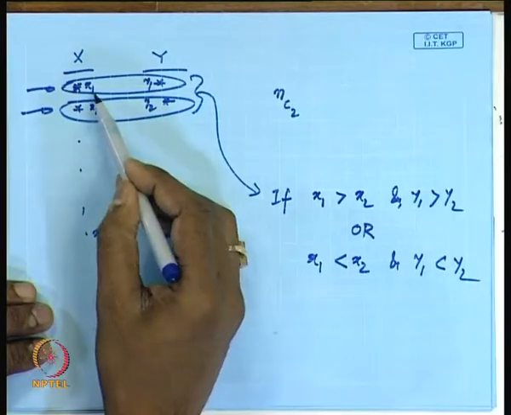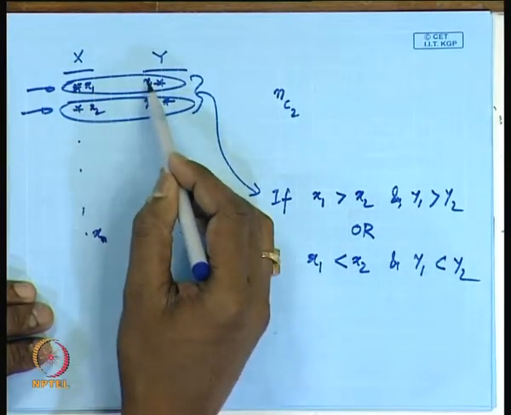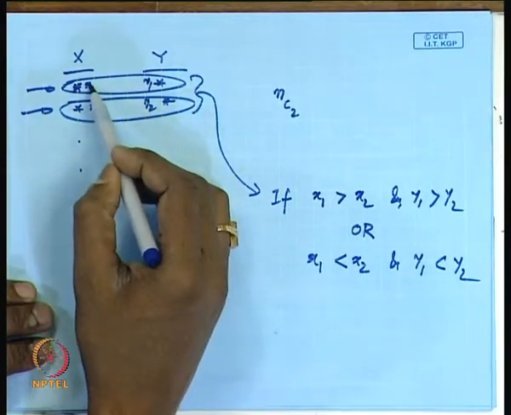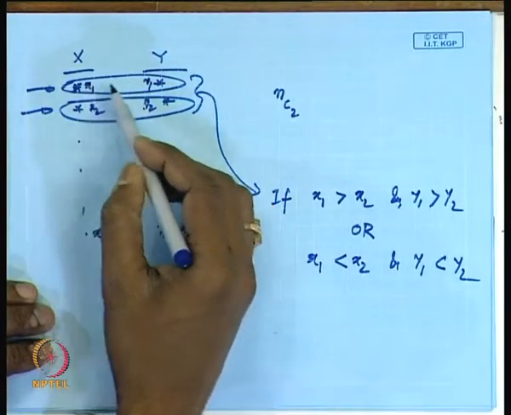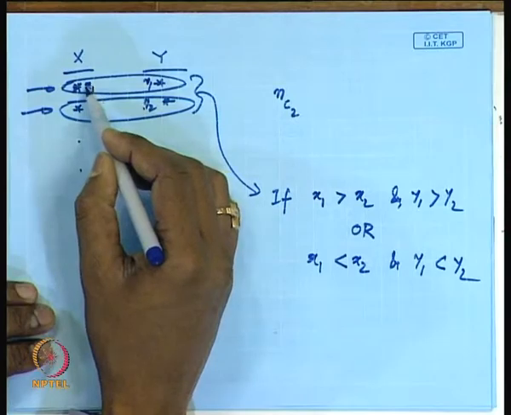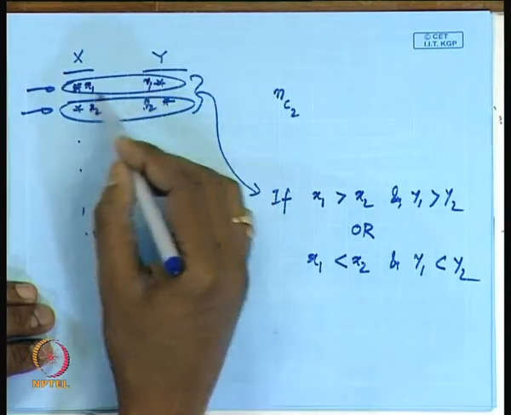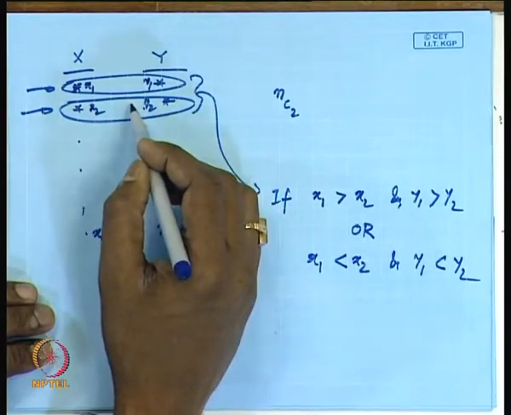So, if this one is increasing, this should also increase, or if this is decreasing, this is also decreasing. That is the trend, the way it is changing: whether in both cases it is changing in the same direction or not.